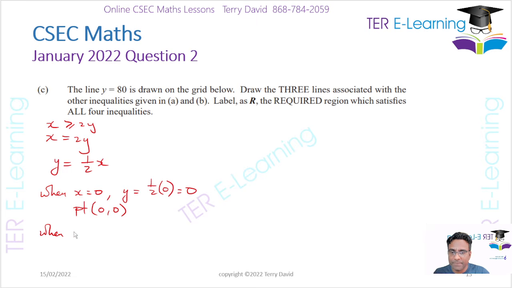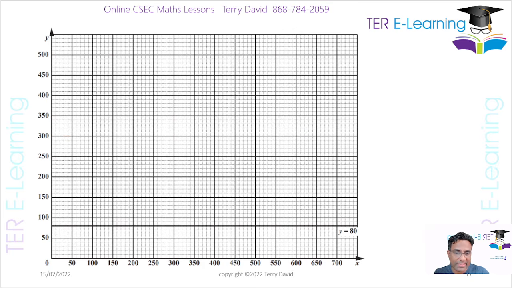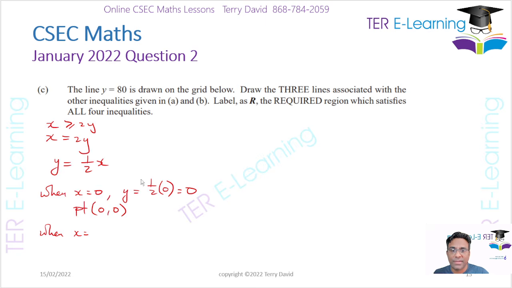Let's see what the scale is looking like. Let's say I choose 400. When X equals 400, Y is simply going to be a half multiplied by 400, which is equal to 200.